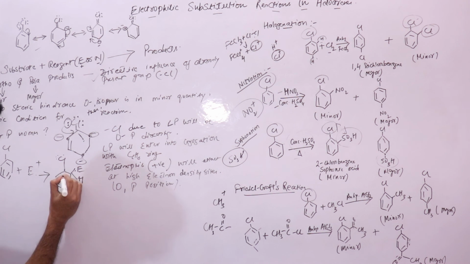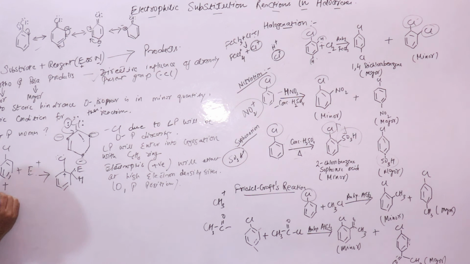This is a carbocation. Similarly, when an electrophile attacks the para position, it will again form a carbocation like this, right?